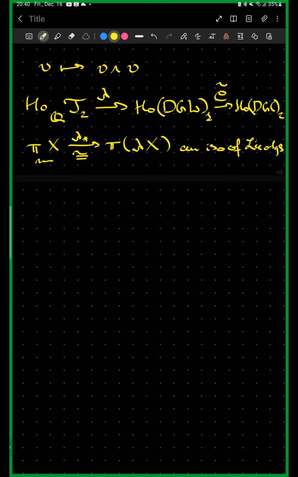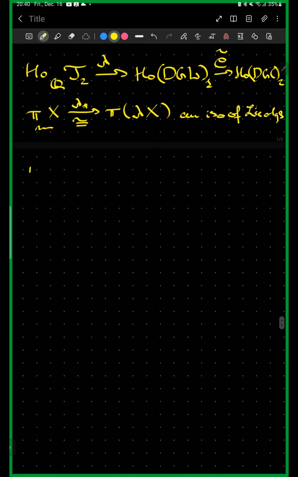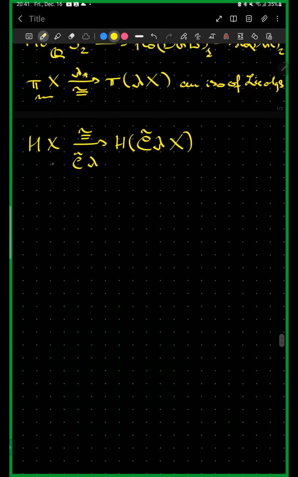And additionally, if we take homology of the space X, then the composition C tilde lambda induces an isomorphism with the homology of the corresponding coalgebra, and this is an isomorphism of coalgebras.